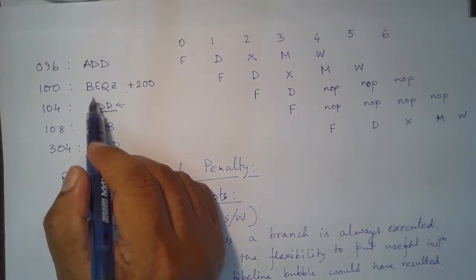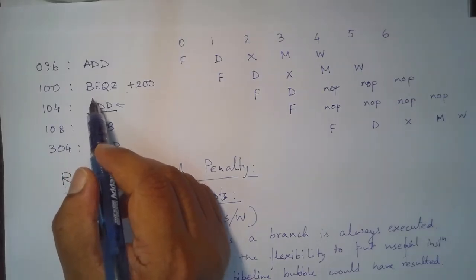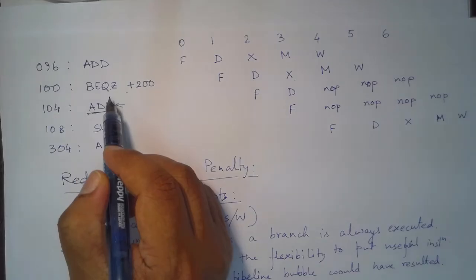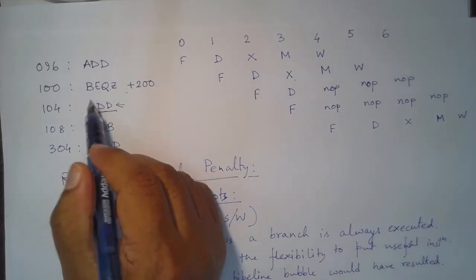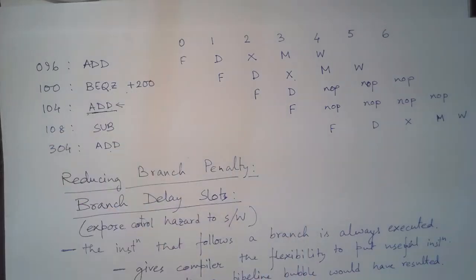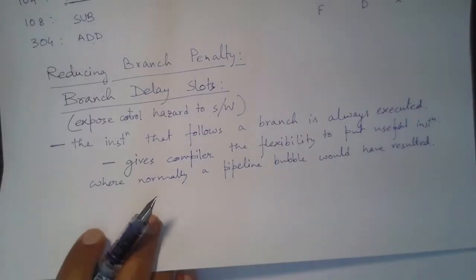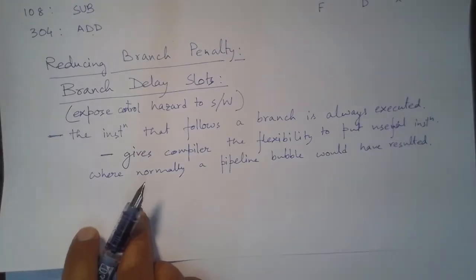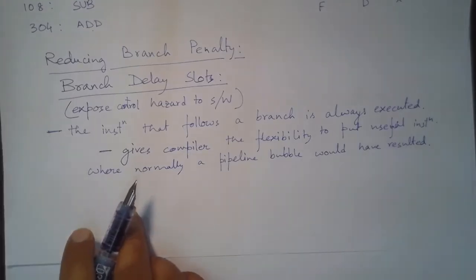So in most cases the processor knows what the branch outcome will be, and the sequence of instructions that need to be executed is pretty much known, and that way the control hazard related penalty is reduced.